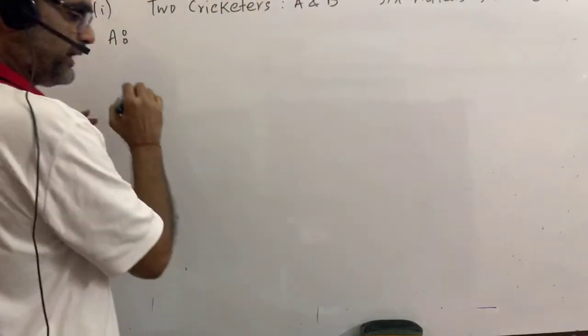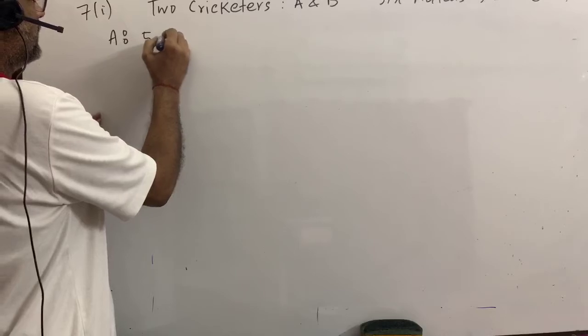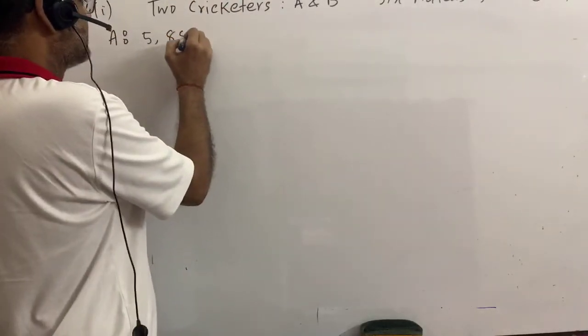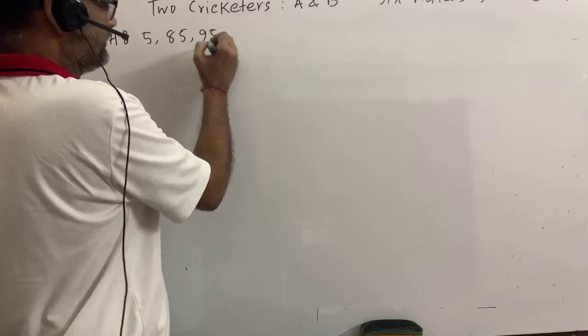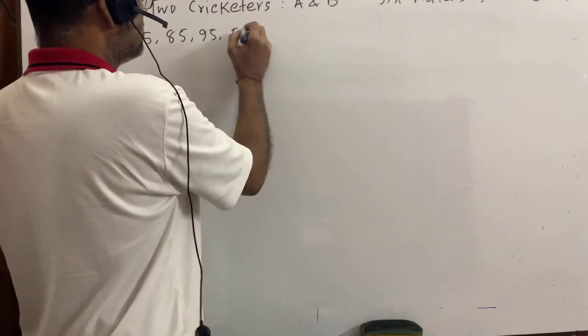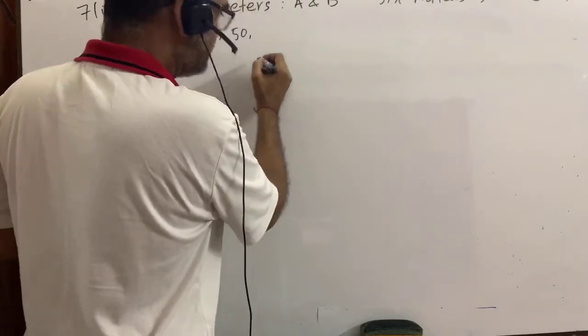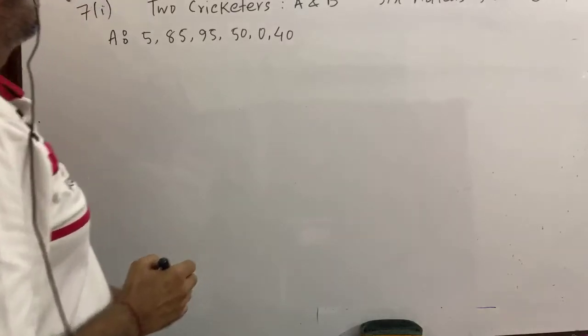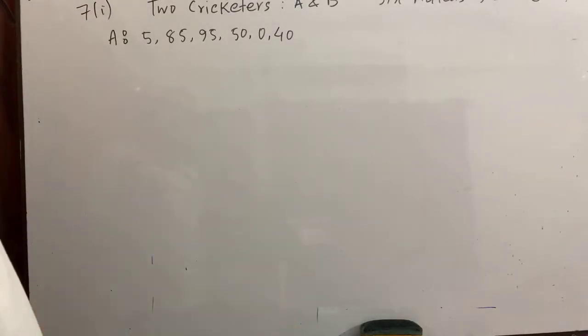In the first match he scored 5, in the second match 85, in the third match 95, then 50, then 0, then 40. These are the scores of the first cricketer.